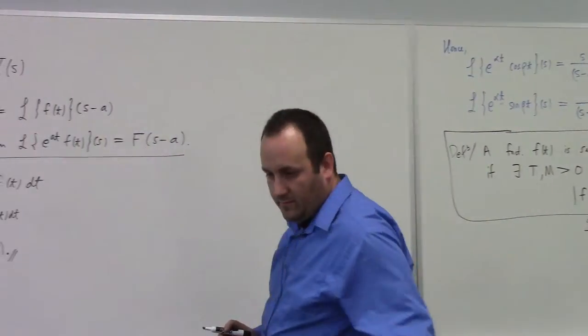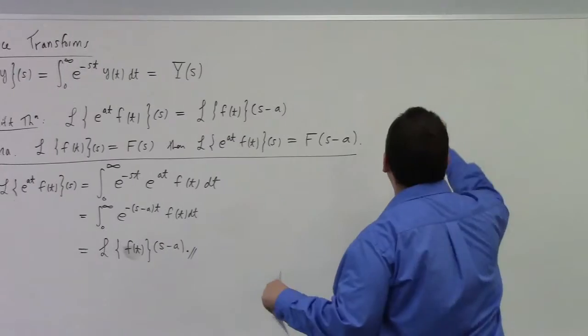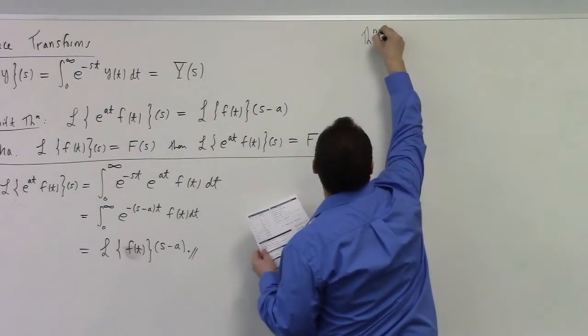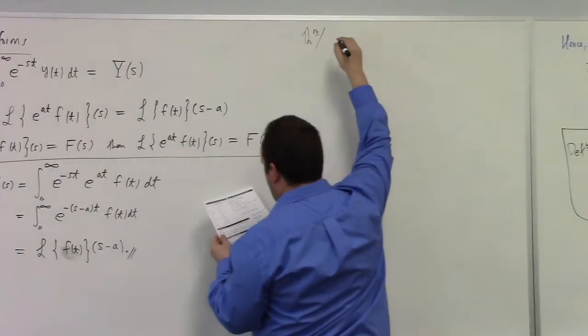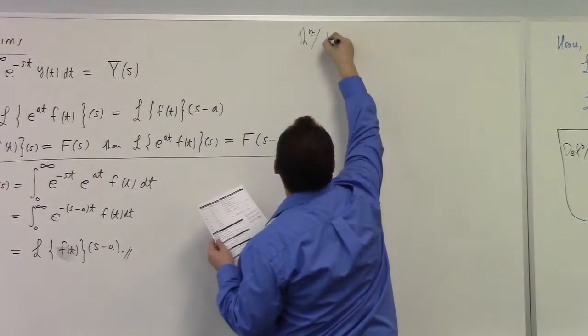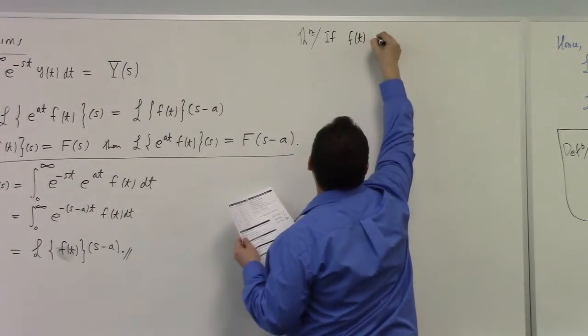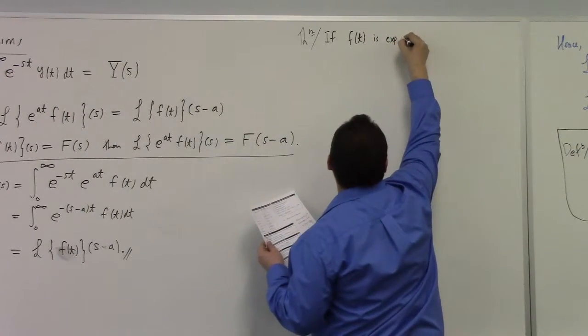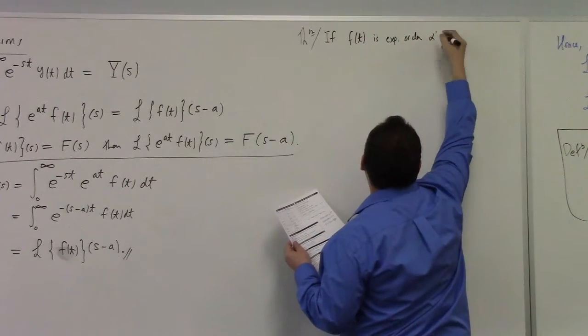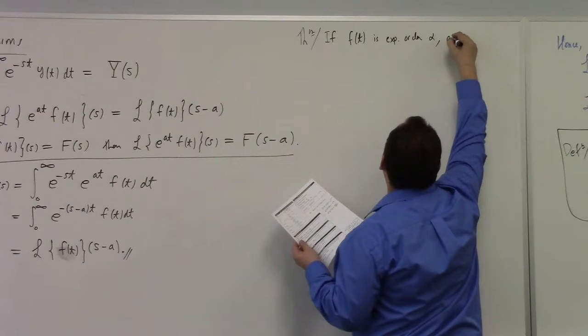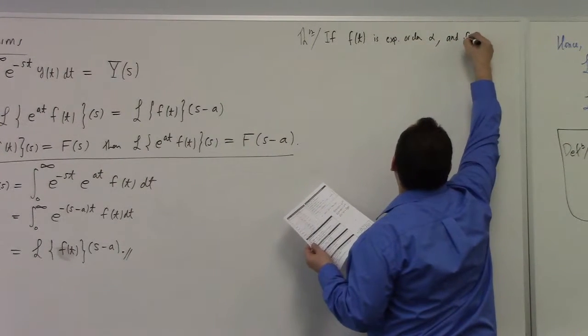Probably a more important theorem is the theorem which involves derivatives. So here we go. If f of t is of exponential order alpha as appropriate, and suppose f of 0 is given.